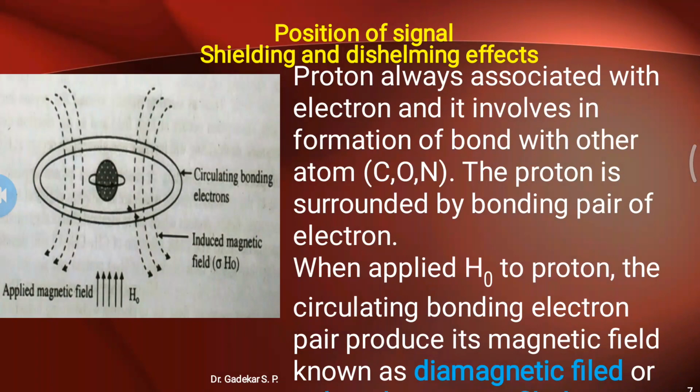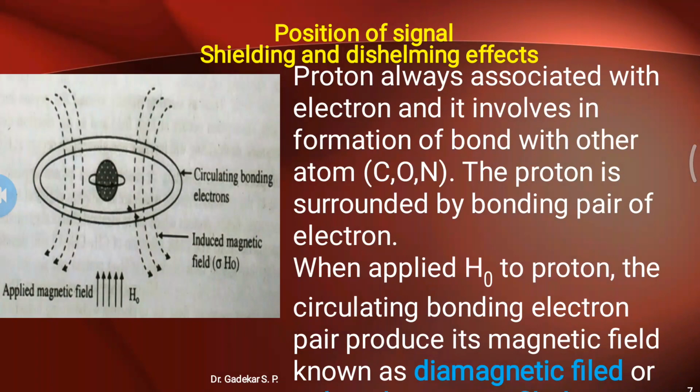They are present in a combined state, which means the proton is always associated with the electrons involved in covalent bond formation. The proton is always associated with electrons and is involved in the formation of bonds with other atoms.